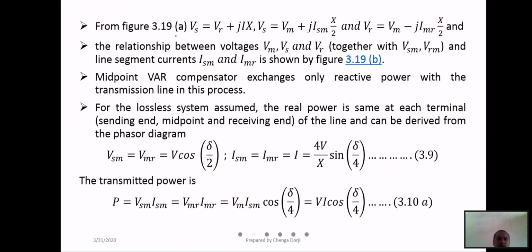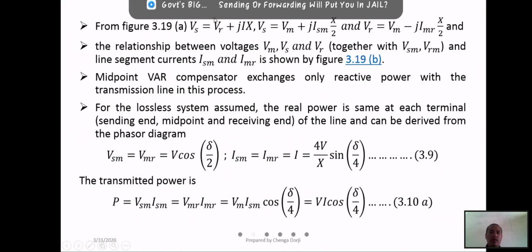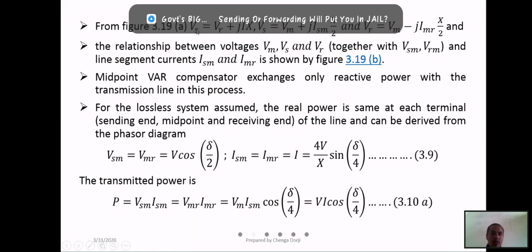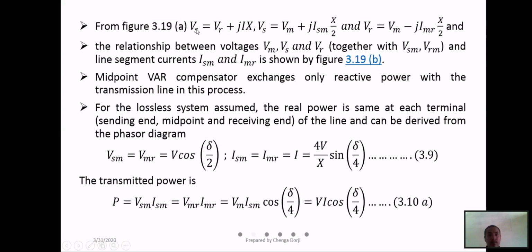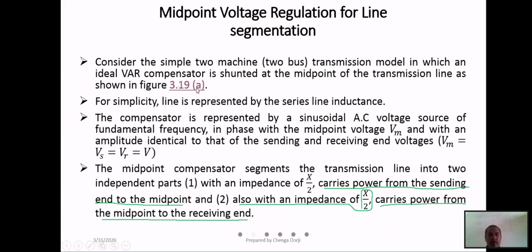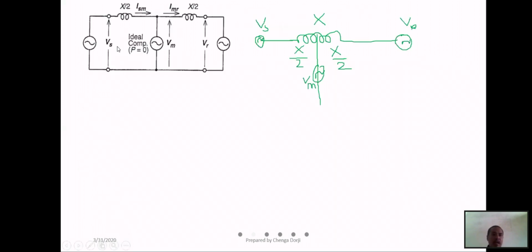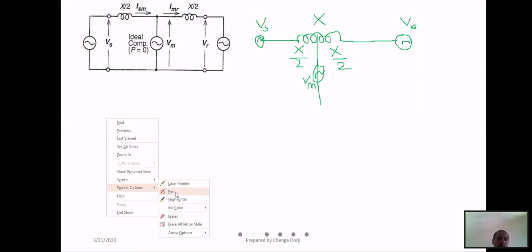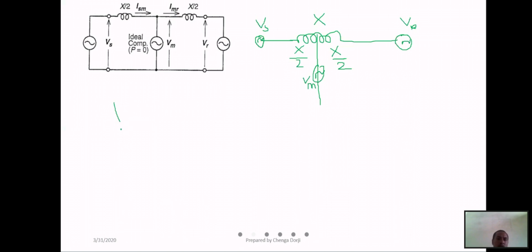So now from the figure you can see, can you draw? From figure 9.1, can you find out the relation between these three? Vs is equal to, anyone?